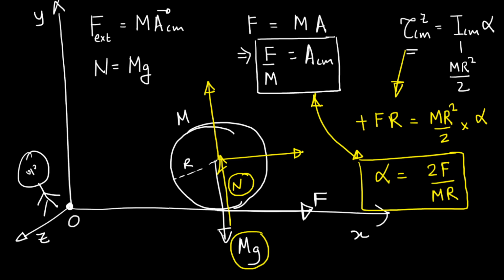Oh wait a minute, I think I have some mistake. Can we just check please what mistake I've done? I'm a little surprised that my answer is wrong. Just give me a second. Alpha is FR by I0.